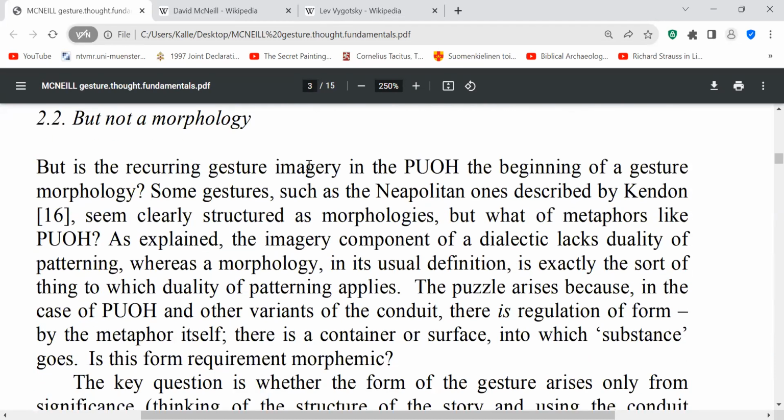But is the recurring gesture imagery in the poi the beginning of a gesture morphology? Some gestures, like the Neapolitan one described by Kendon, seem clearly structured as morphologies. But what about metaphors like the poi?